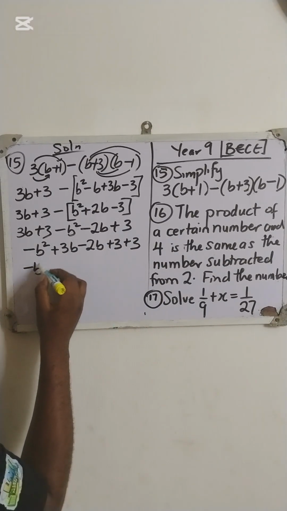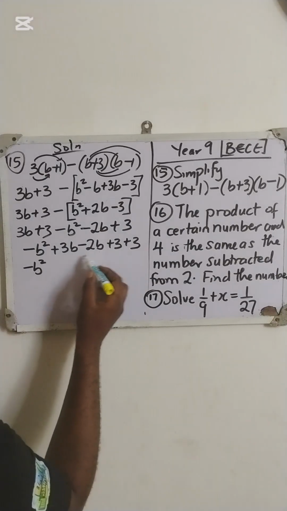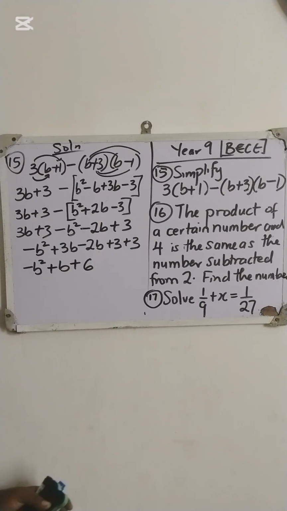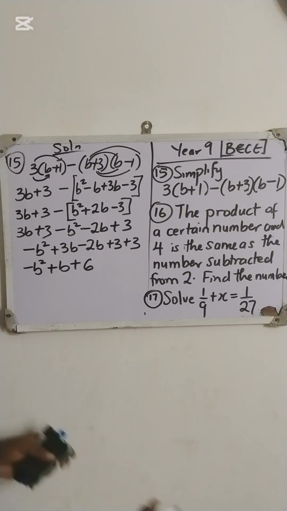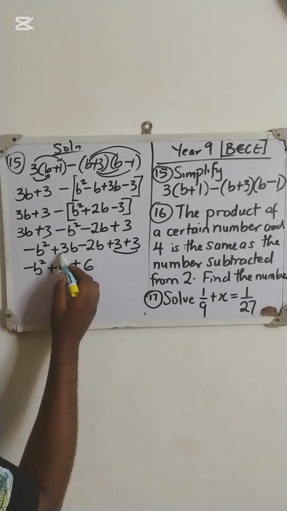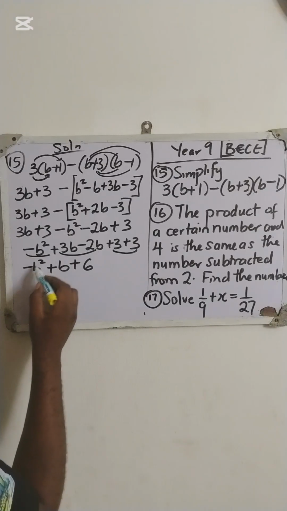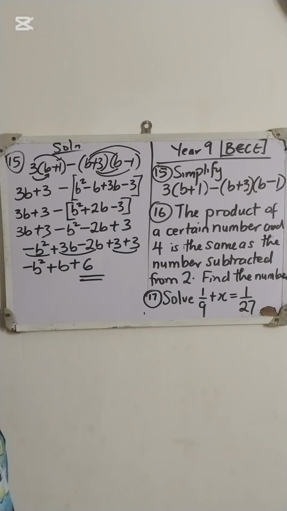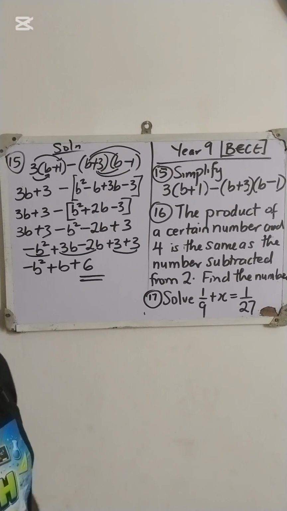So this is minus b squared, 3b minus 2b, plus 6. And that's it. 3 plus 3 will give you 6. This minus this will give you 1. And this one stays right here. So this is our final answer: minus b squared plus b plus 6.